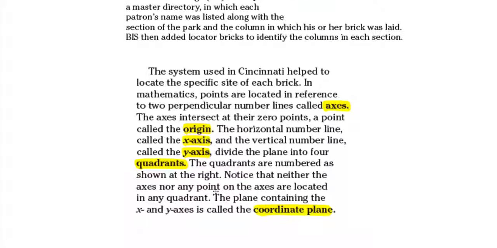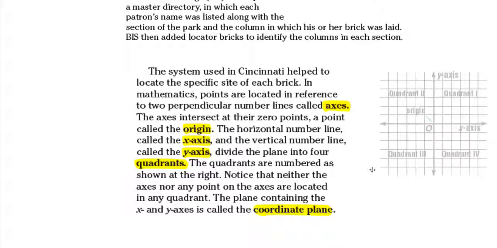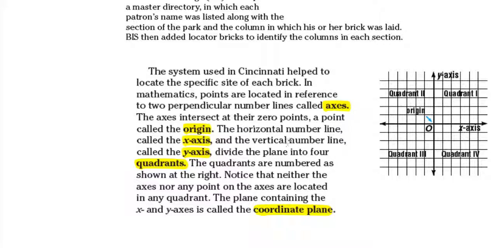The horizontal line is called the x-axis, and the vertical line is called the y-axis. They divide the plane into 4 quadrants. Quadrants are numbered as shown at the right. Notice that neither the axes nor the points on the axes are located in any quadrant. The plane containing the x and y axes is called the coordinate plane.